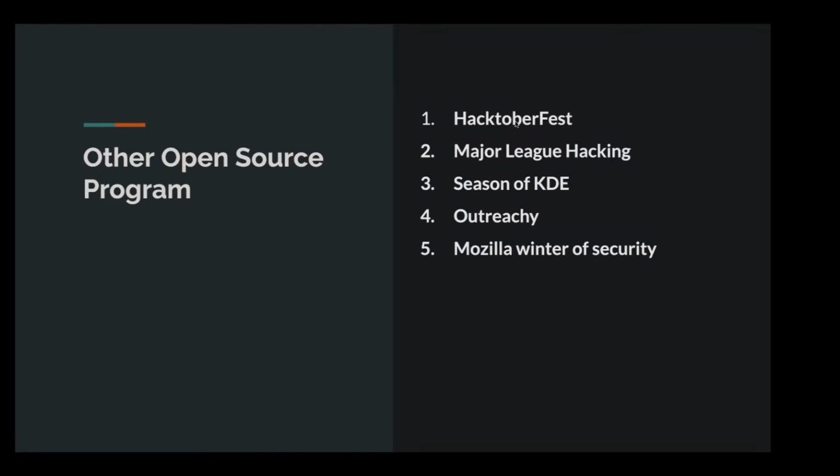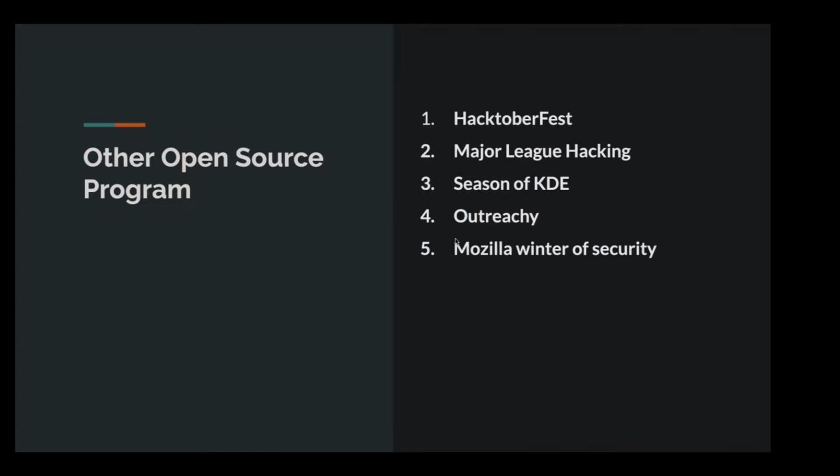And apart from Google Summer of Code, we have Major League Hacking as well. I think the stipend is very good in Major League Hacking, and the learning you get here is very good. The standard is very good. Many of my friends have done it, so I know about it. There is Season of KDE, which is also very good for learning.